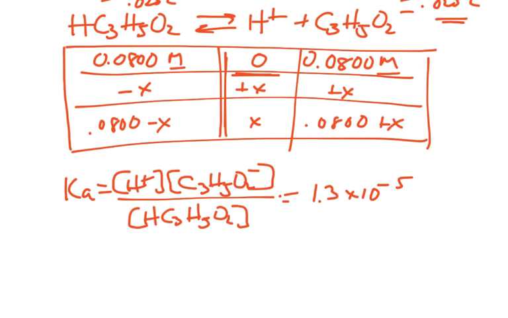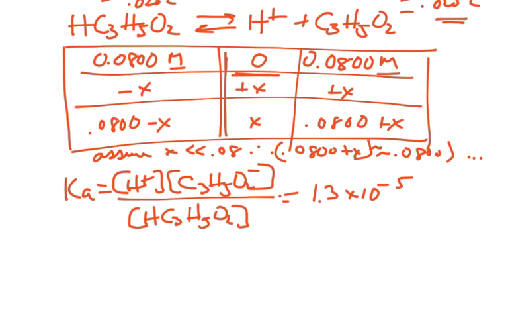And now standard thing. We're going to assume that x is much smaller than 0.08. Therefore 0.0800 plus x is approximately 0.0800, and 0.0800 minus x is approximately 0.0800.